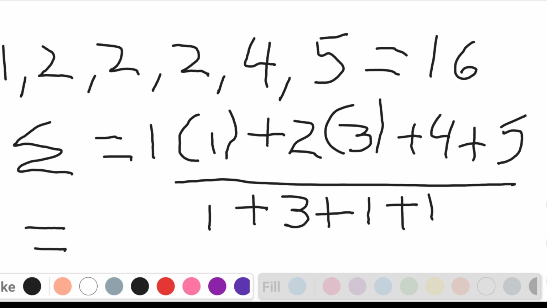So the total of these is 16 again, divided over 3 plus 3, so 6.